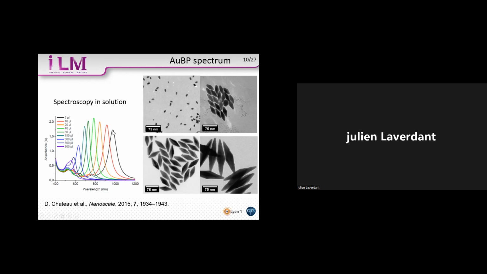And you can control the absorbance from the near infrared up to the visible. Generally, you don't go much below 600 nanometers, and you can go up into the near infrared. So you just have to change the size of the bipyramids to have a very controlled resonance wavelength and absorption. This is very interesting for many applications.